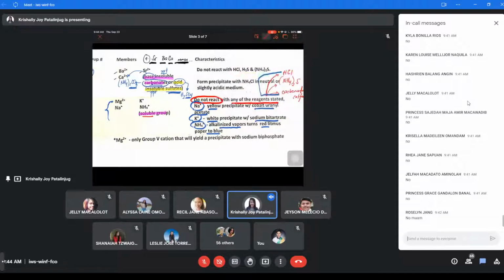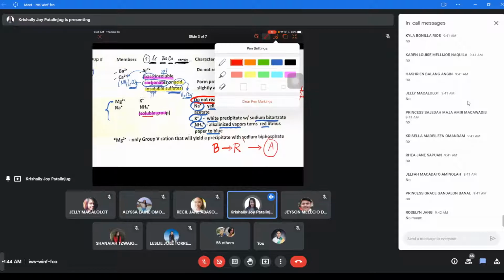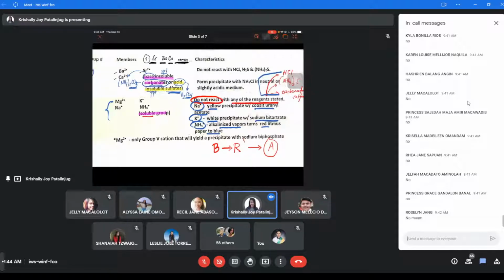There are only two colors of litmus paper, blue and red. If you know that, you will know the concept of litmus paper.